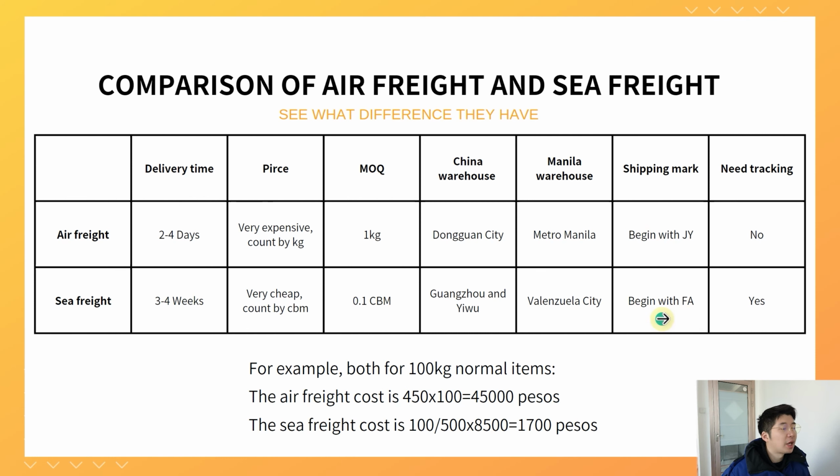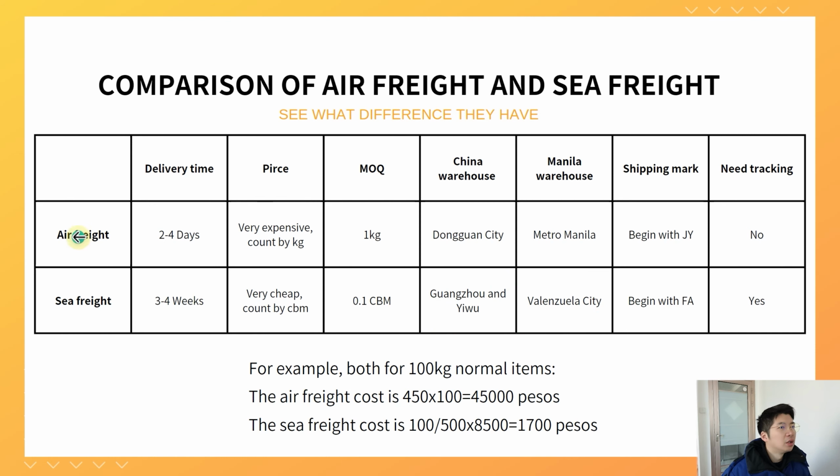So you must be careful when you give the address and shipping mark to your client. If he uses air freight service, send the air freight warehouse address and shipping mark to him. If he uses sea freight, send the sea freight warehouse address and shipping mark.